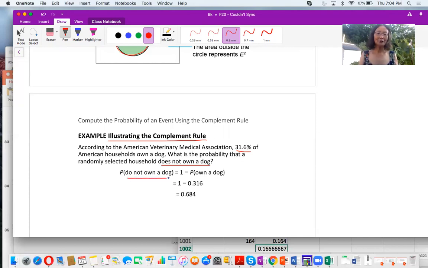Not owning a dog is the complement event of owning a dog. They are opposite events. So the probability of not owning a dog equals 1 minus the probability of owning a dog, which is 31.6%. So 1 minus 31.6%, you get 68.4%.